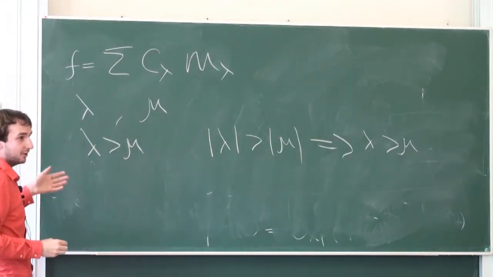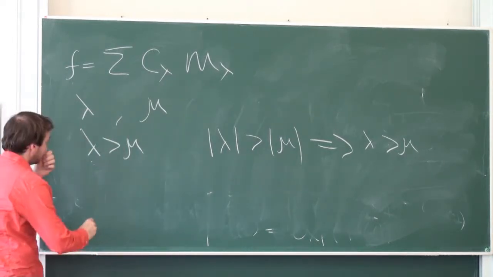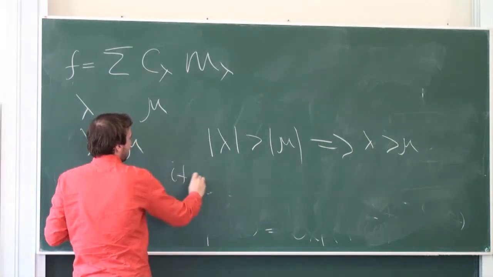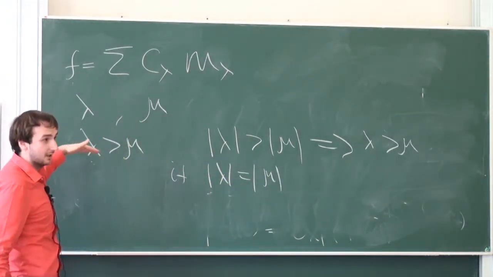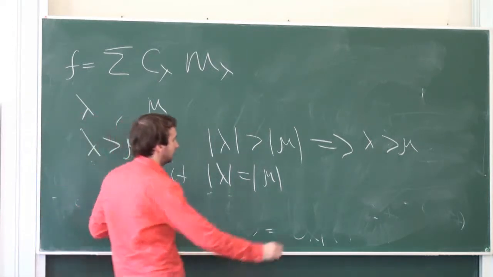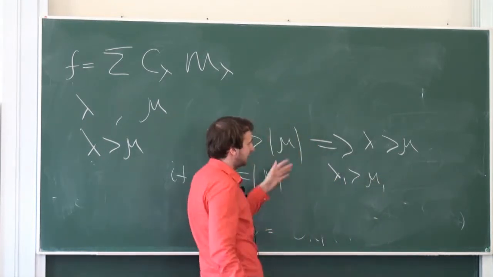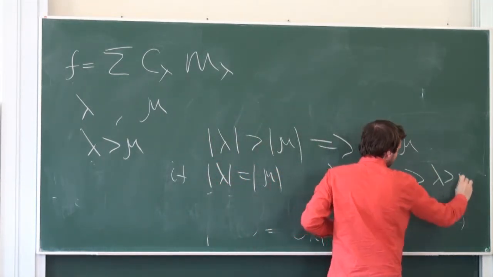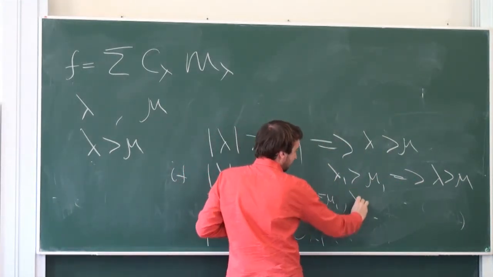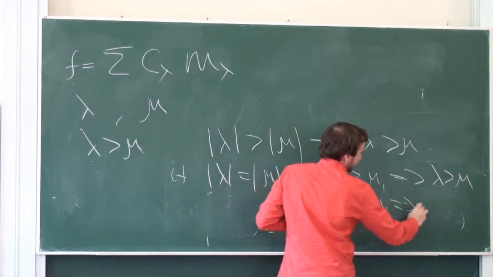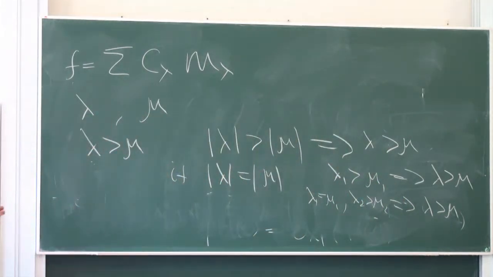If these numbers are the same, so lambda and mu are partitions of the same number, then we use a lexicographic order, which means the following. First we compare the first coordinates of lambda and mu, which are the largest coordinates. If lambda_1 is greater than mu_1, then we say that lambda is greater than mu. If lambda_1 is equal to mu_1, but lambda_2 is greater than mu_2, then again we say that lambda is greater than mu, and so on. This is the lexicographic ordering on the partitions.